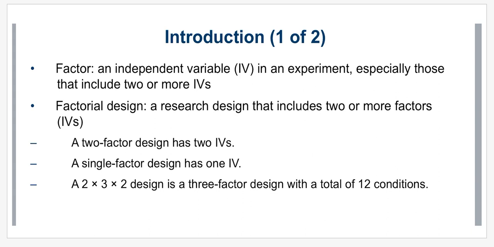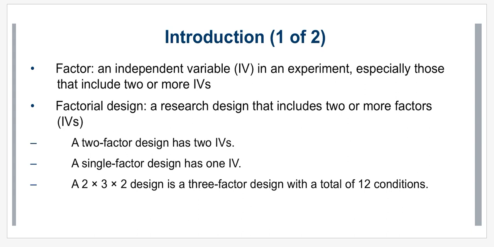So for the first variable, there's two. So that could be gender, right? Male and female. For the second factor or second independent variable, it says there's three levels. So that could be high, medium, and low of something. They're exposed to a high level of something or a medium level of something or a low level of something. And then the last or third factor or independent variable is the two.